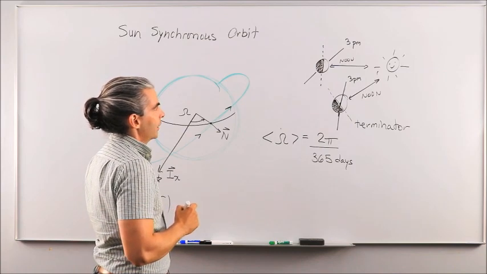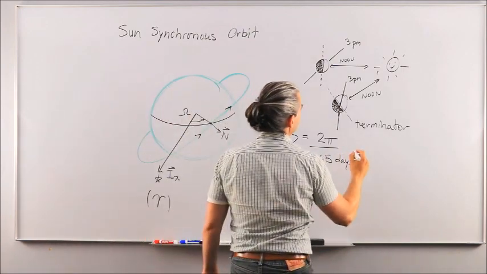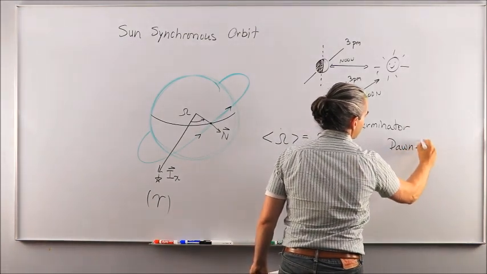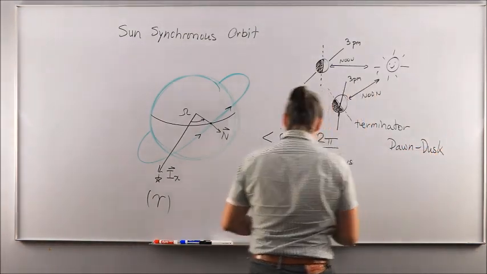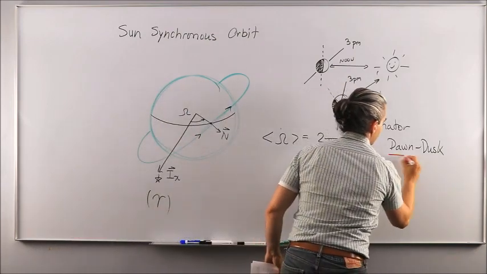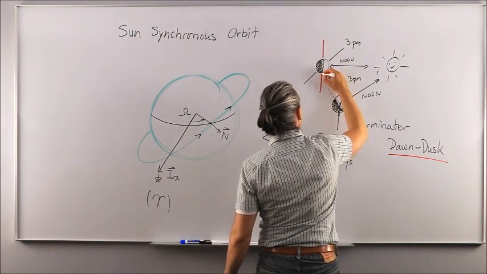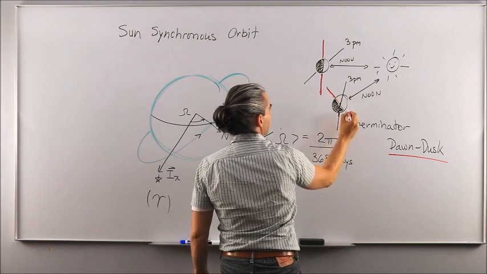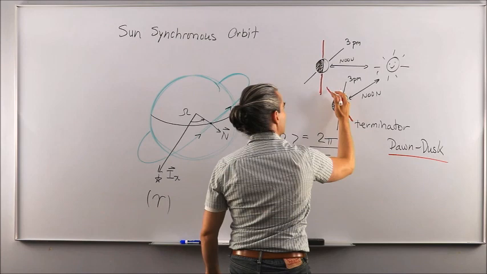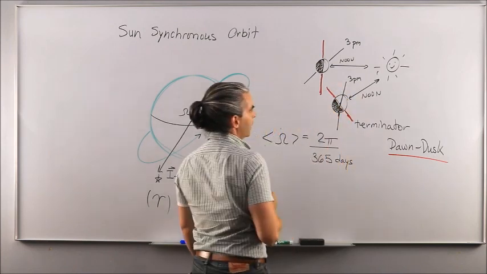A couple of useful orbits of the sun-synchronous family is the dawn-dusk orbit. I'll draw it in red. A dawn-dusk orbit is essentially an orbit that rides along the terminator line, okay, and shifts throughout the year to always follow the division between daylight and nighttime, okay?